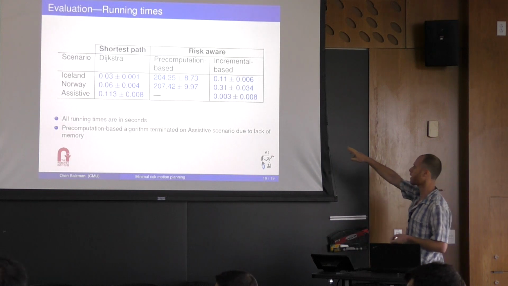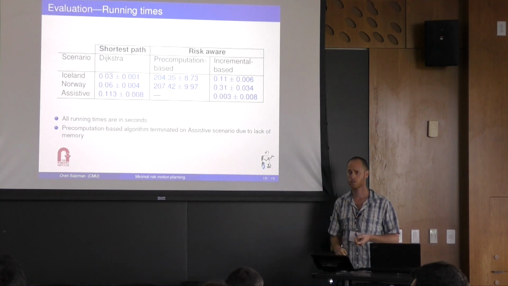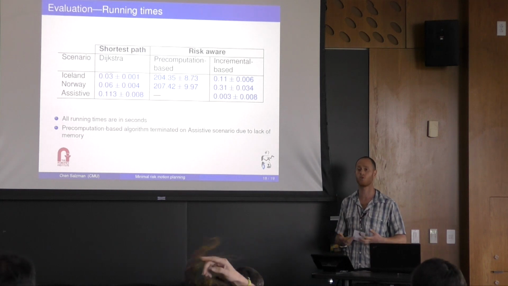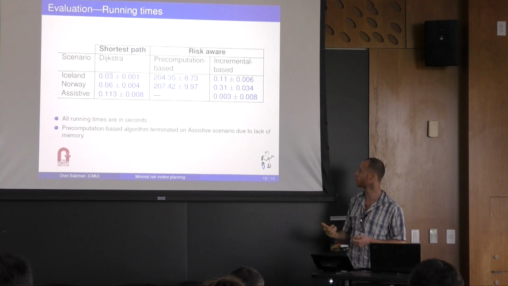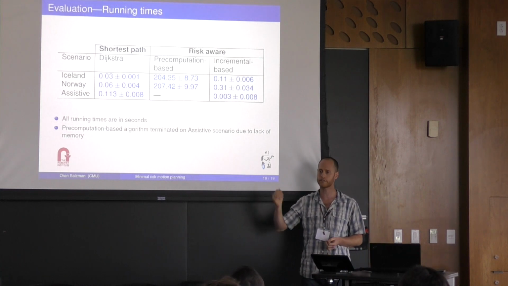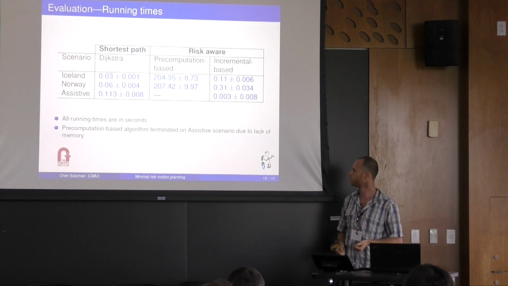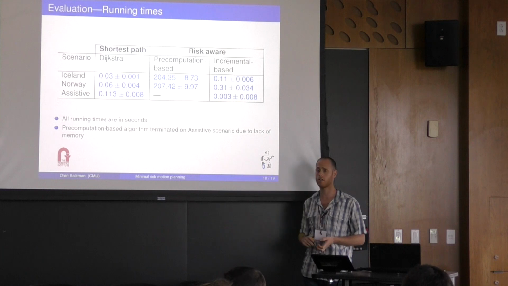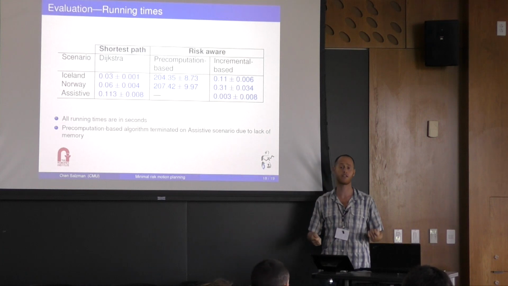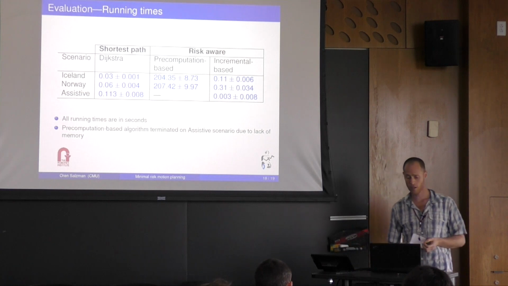And our incremental-based algorithm is roughly an order of magnitude longer, but it computes a much more general cost function. The pre-computation-based algorithm takes hundreds of seconds because it needs to pre-process this entire graph. And for the assistive care scenario, it terminated early due to lack of memory. So everything just exploded there.